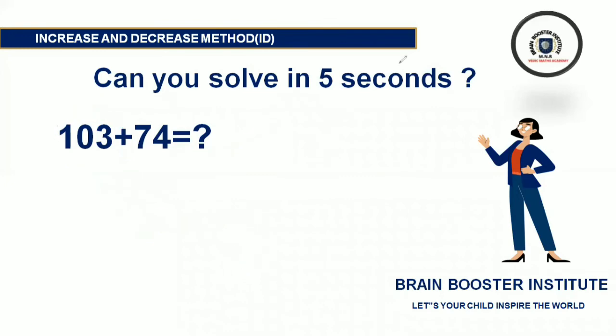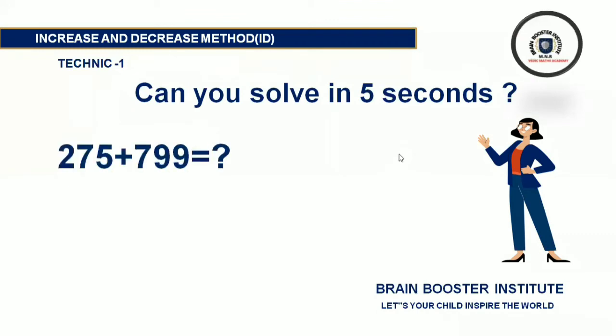Next question. 275 plus 799. Easily we can say this one would be the closer to its easiest number. Then what is its easiest number, my students? It is 800. Now what is the difference between 799 and 800? It is plus 1.